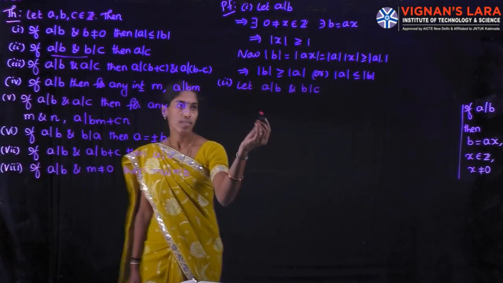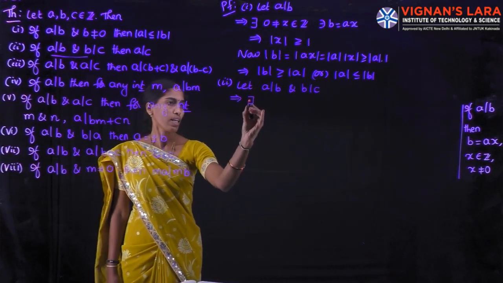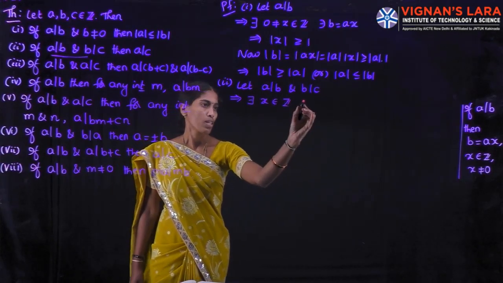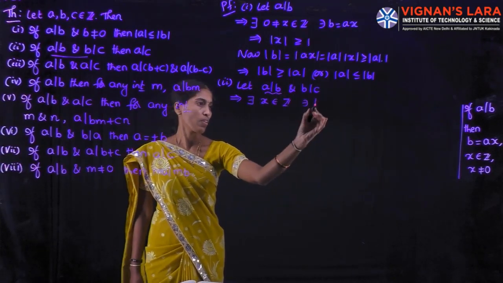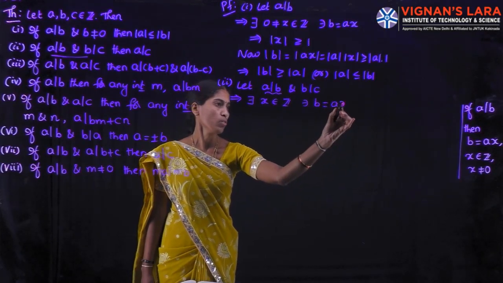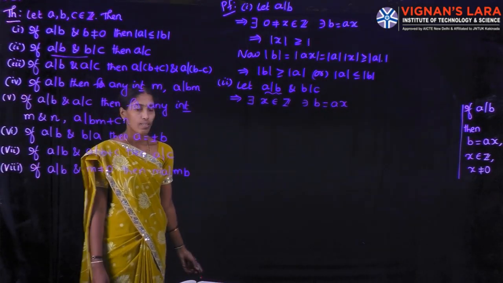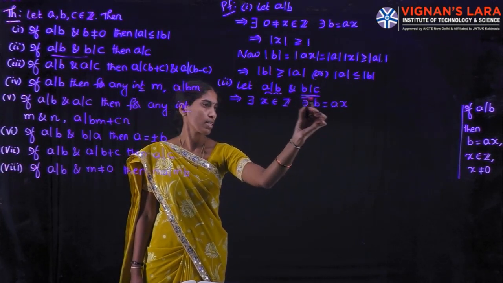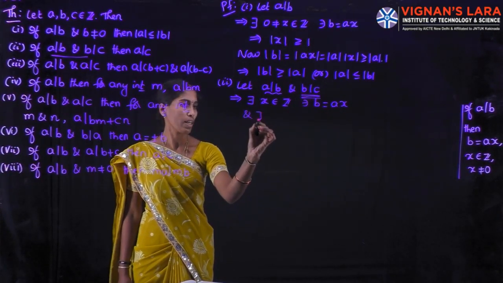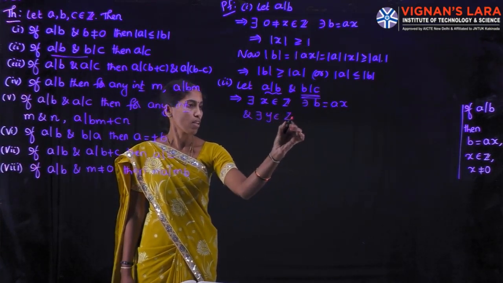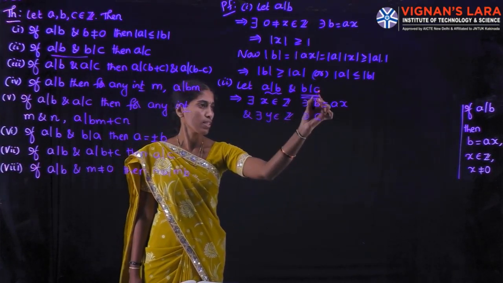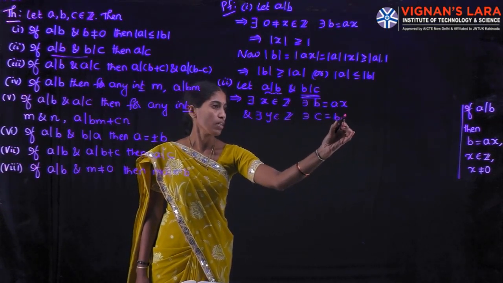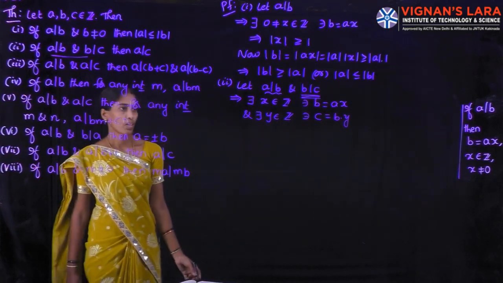So implies there exists X belongs to Z such that using the first one we can write B is equal to AX. Again here given B divides C, there exists Y which is a non-zero integer such that denominator C is equal to numerator B into Y, right?